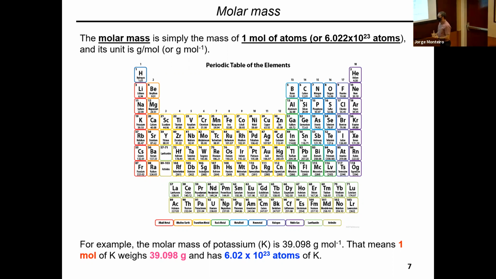And in this mass, you have exactly 6.02 times 10 to the 23rd atoms of potassium. Okay, so we are going to expand a little bit our conversion factor. We know the equivalence between mole and number of atoms. And now we know that 1 mole is equivalent to the molar mass of the element.